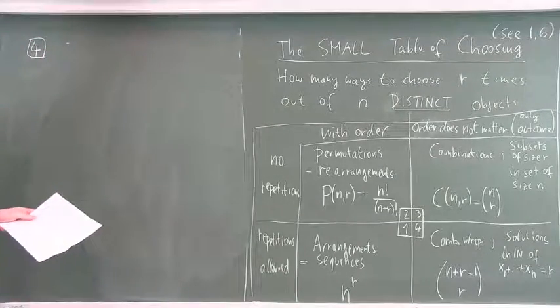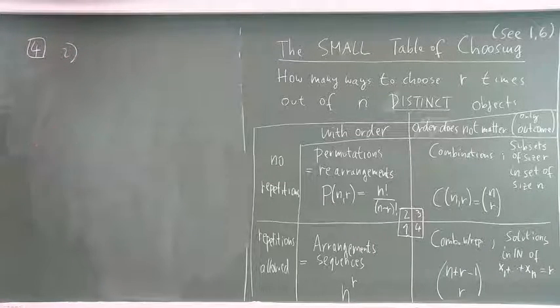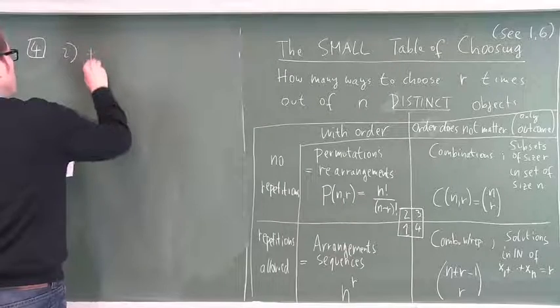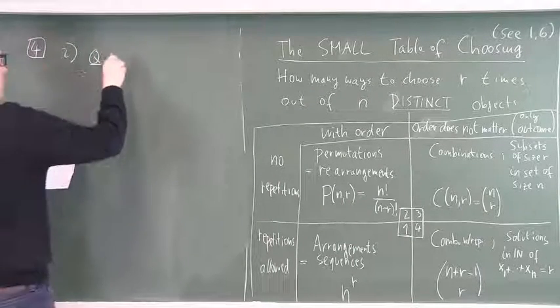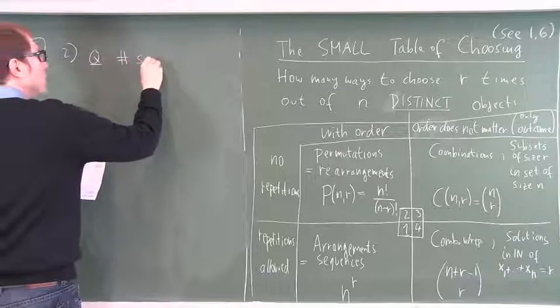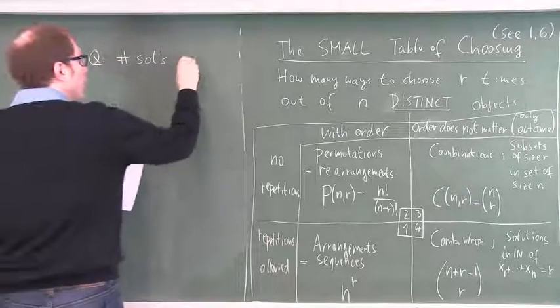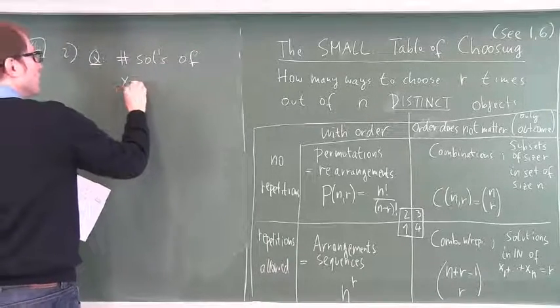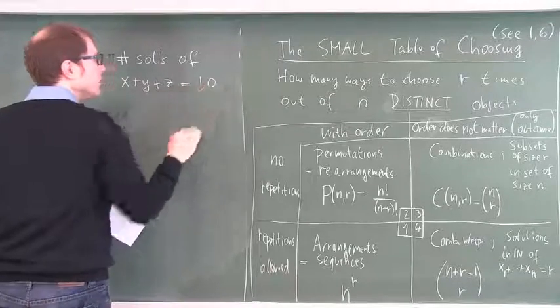Okay, so here's the second scenario. A typical question which belongs to this setting is the following. What's the number of solutions of the following equation? x plus y plus z is equal to 10, for x, y, z.